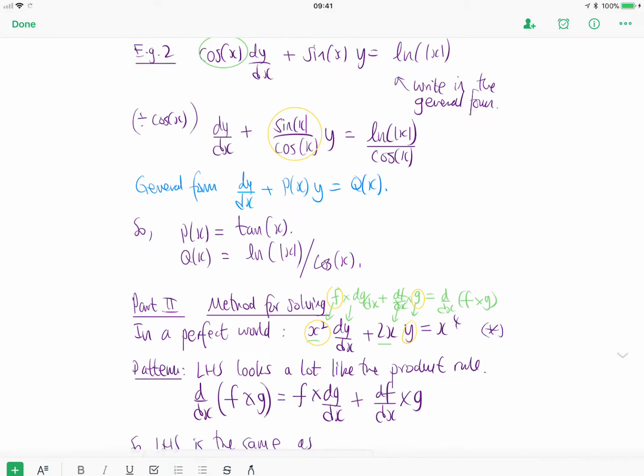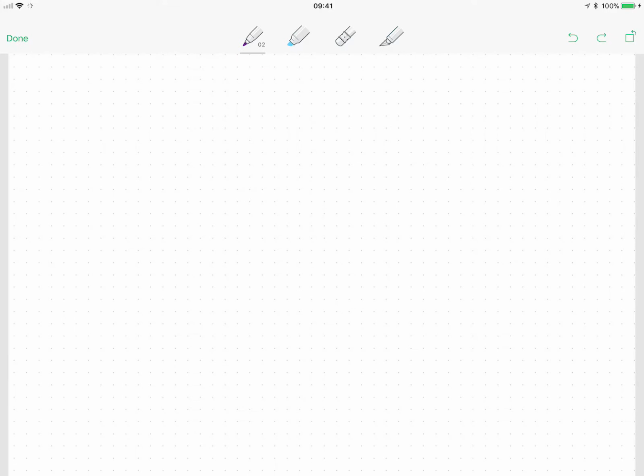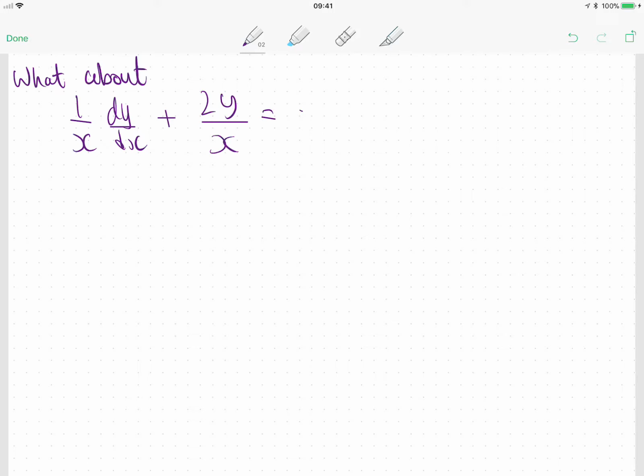Okay, so let's look at a more realistic one. What about something like this? 1 over x dy/dx plus 2y divided by x equals e to the power minus 2x. So how about this one?